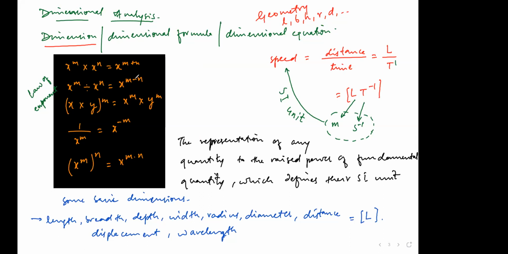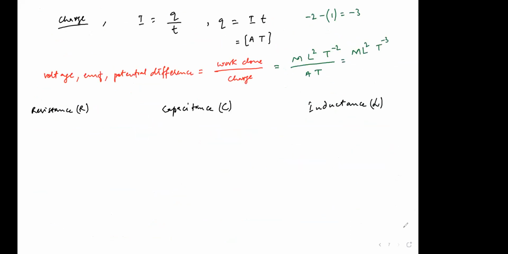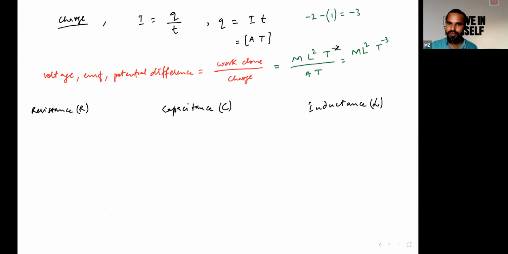Okay, sir. So we have T raised to the power minus 2 and T raised to the power plus 1. If I subtract, minus 2 minus 1, it becomes minus 3. Now we have A with exponent 1 in the denominator.